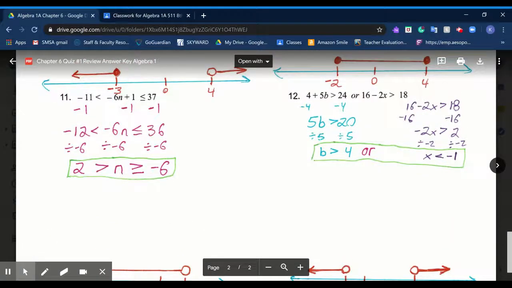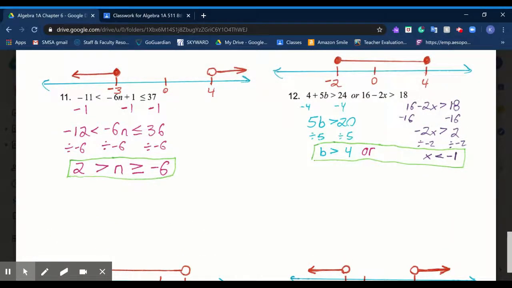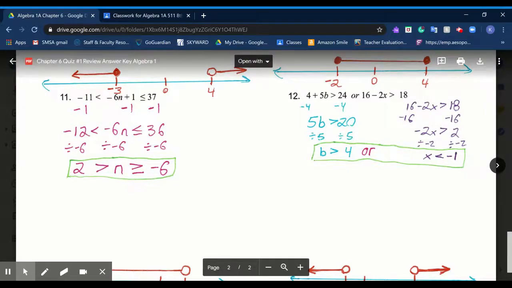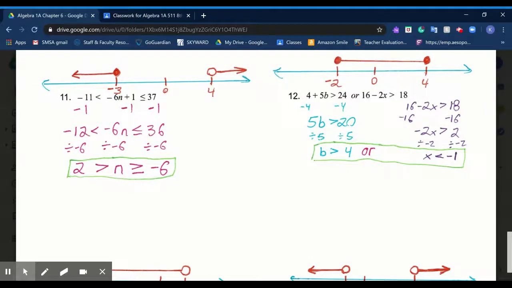In 12, it's an or scenario, so all I do is separate the two inequalities and solve each one separately. So for 12 on the left, we have to solve for b, subtract 4 from each side, and divide by 5. B is greater than 4.